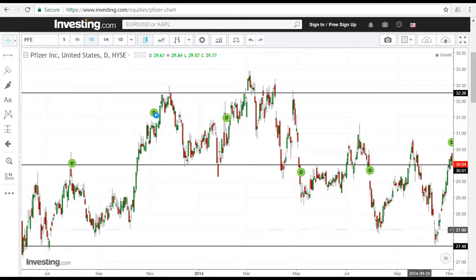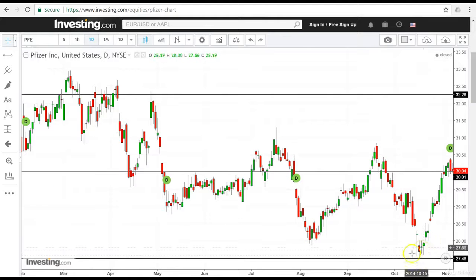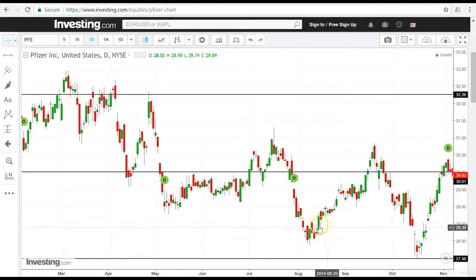See, it is still valid at this point here. If we would get into the trade and buy around about 27.48, we could have exited the market at 30.